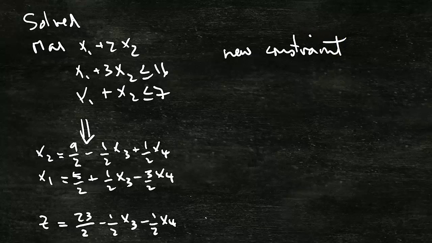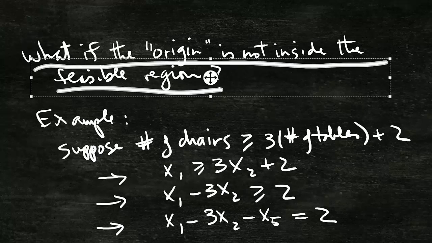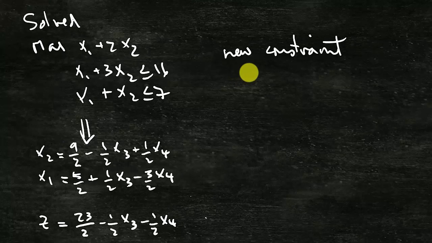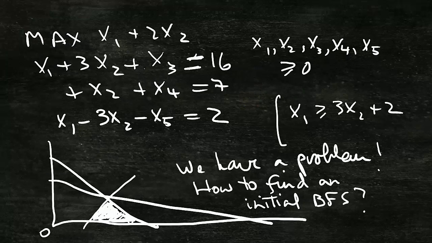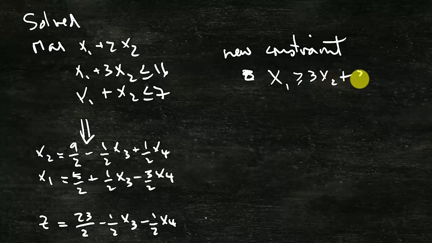x1 minus 3x2 had to be greater than 2. Let's start from there: x1 had to be greater than 3x2 plus 2.